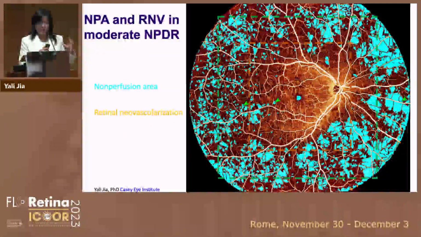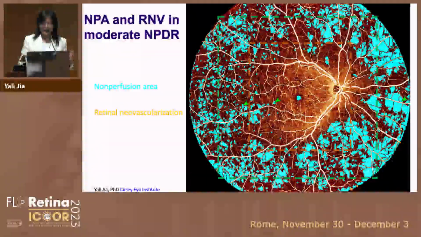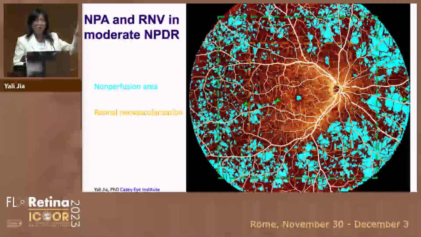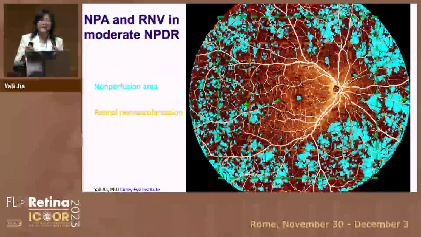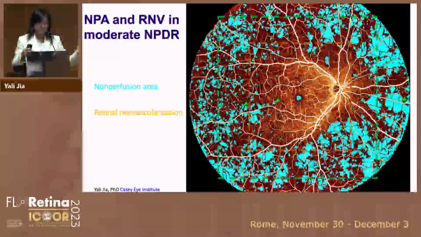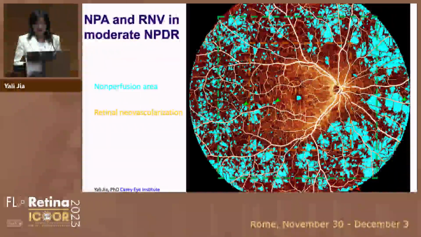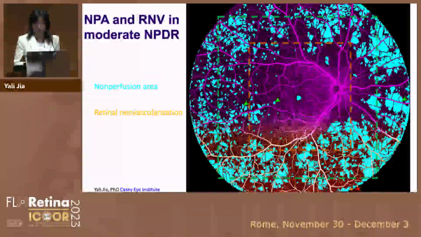Using this single 130-degree scan, we catch almost all of the non-perfusion area. So that may change the DR staging protocol in the future, if it can be based on OCTA, which is totally different from fundus photo grading of DR.